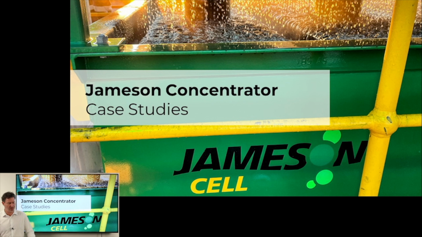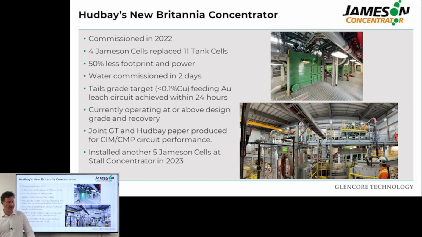Now I would like to show you some case studies on Jameson concentrators that are either running or in the construction phase. First, this is the New Britannia concentrator of Hudbay in Canada.